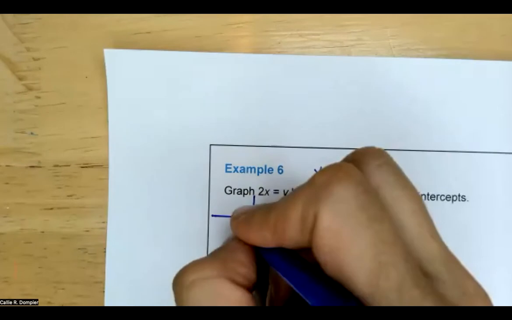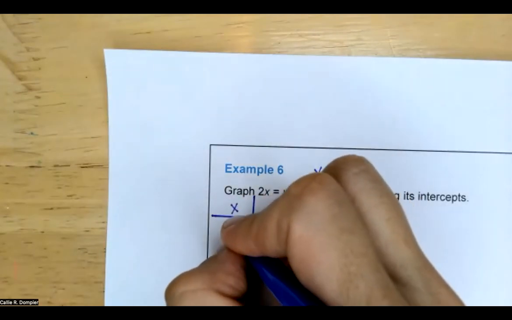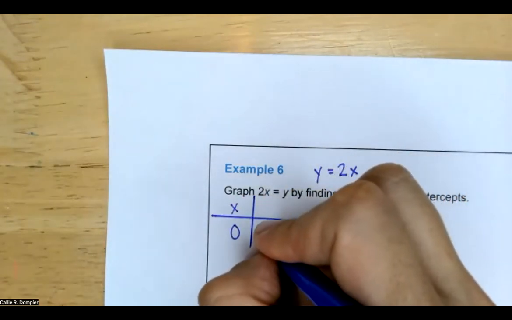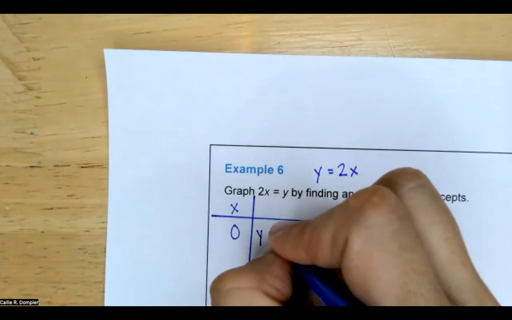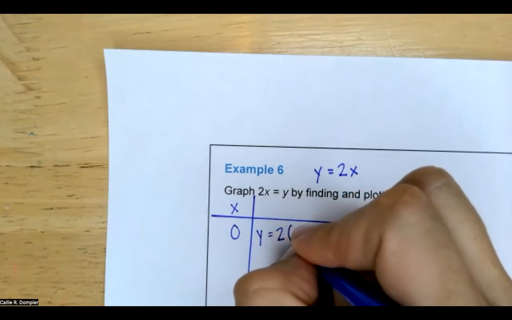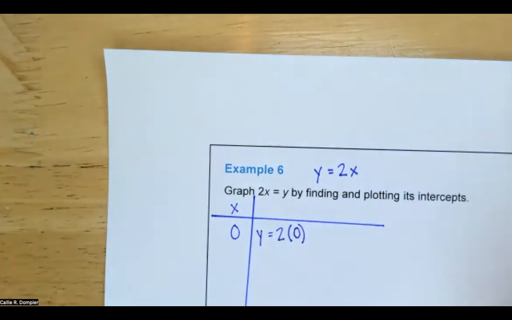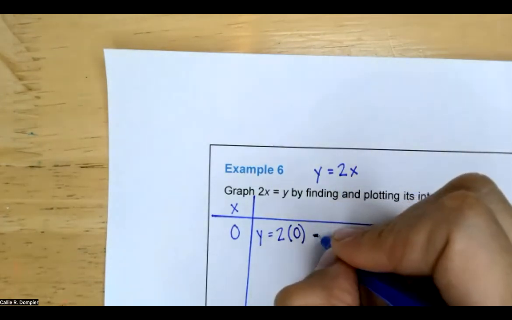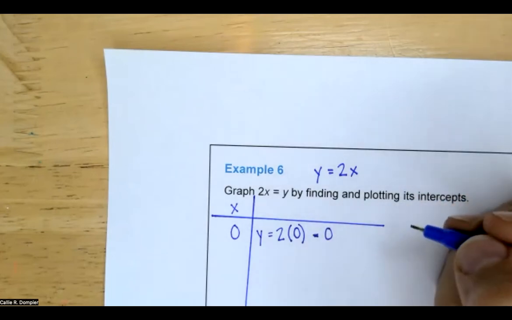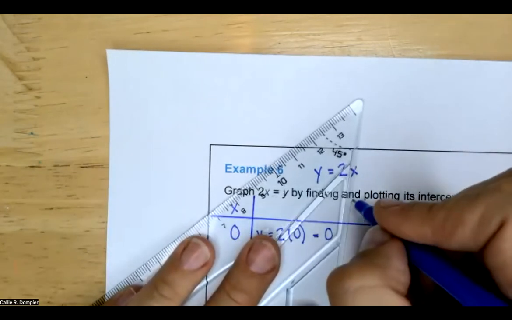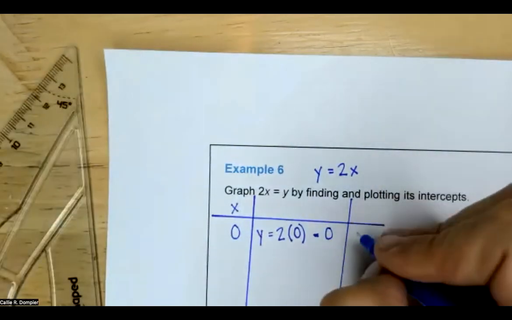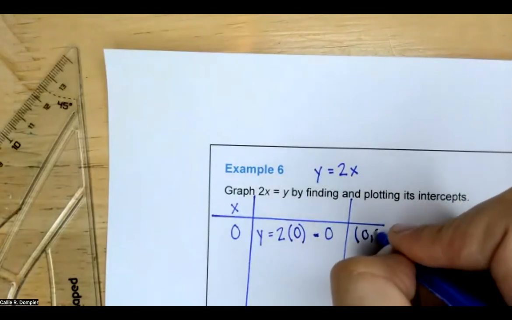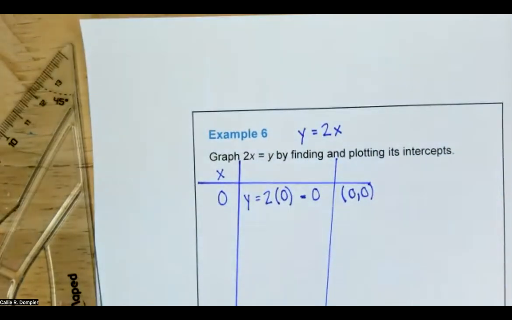Okay. So when our x value is 0, y equals 2x becomes y equals 2 times 0. Good. 2 times 0 is 0. So the intercept, there's only one. 0, 0.